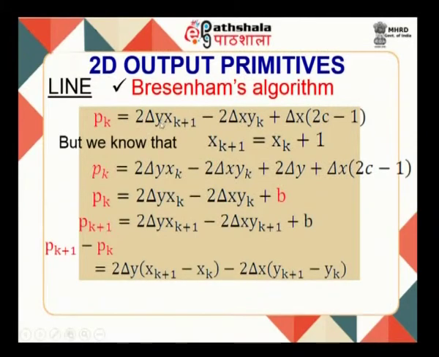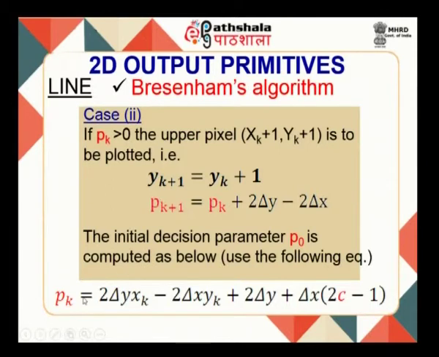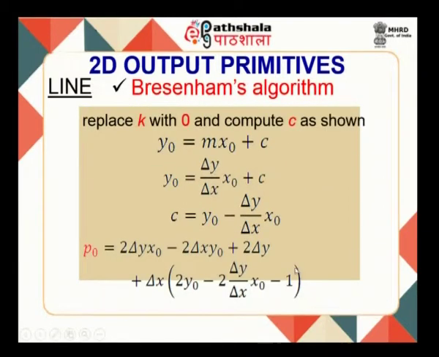In the equation pk is equal to 2 del y xk plus 1 minus 2 del x yk plus 1, or you can take this equation 2 del y xk minus 2 del x yk plus 2 del y plus del x into 2c minus 1, replace the subscript k with 0. That is how we replace the subscript with 0. So, p 0 is equal to 2 del y x naught minus 2 del x y naught plus 2 del y plus del x into 2c minus 1.